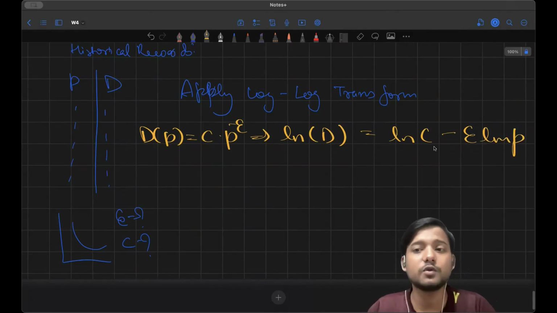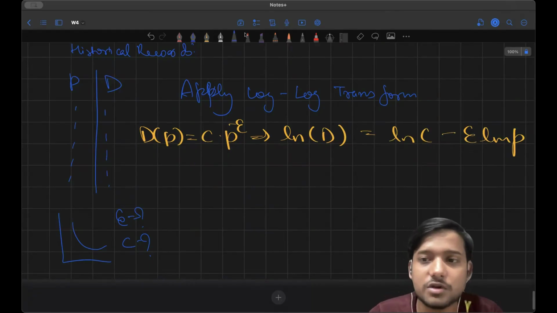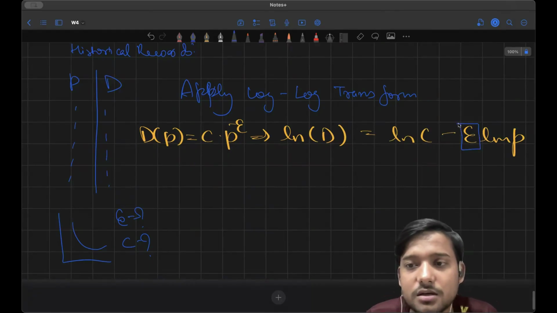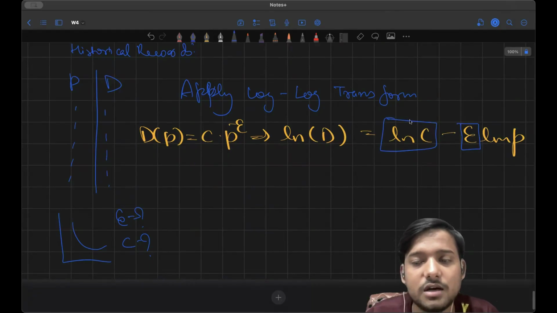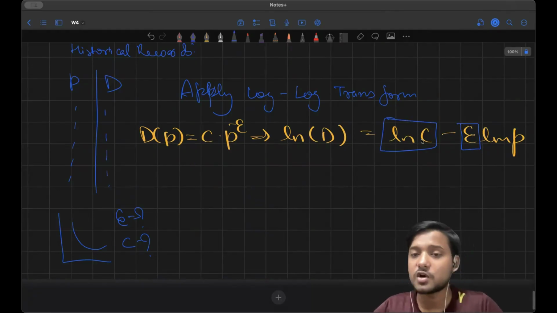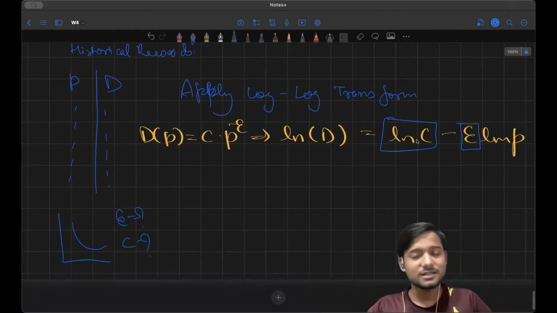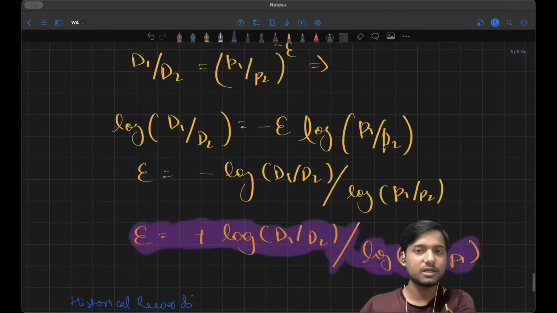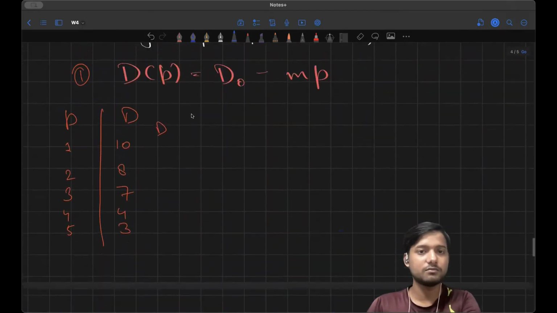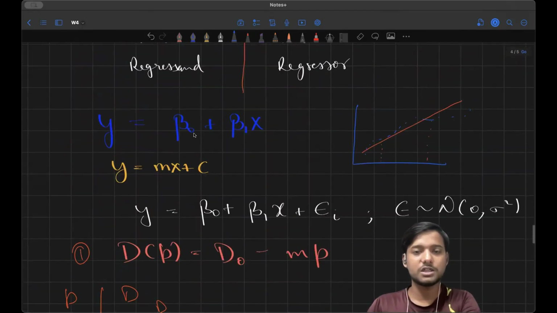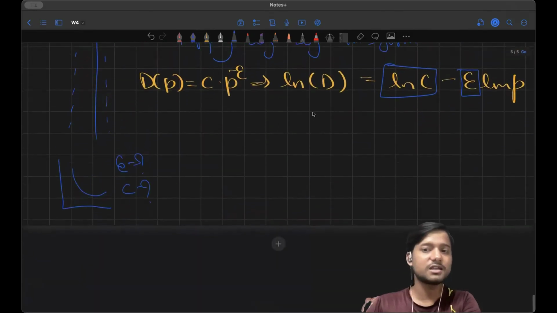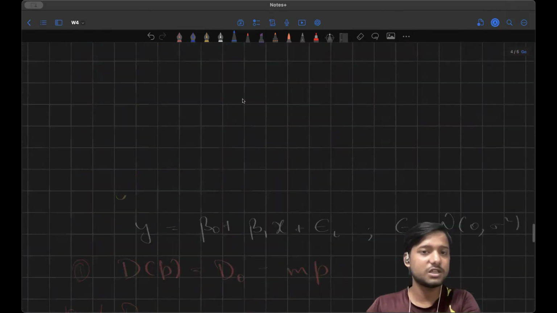Now we have two things separately. This was our intention, this thing and this thing. If you do the comparison, what do I end up having? My ln C is going to be my intercept, beta 0, and my minus epsilon is going to be this beta 1.